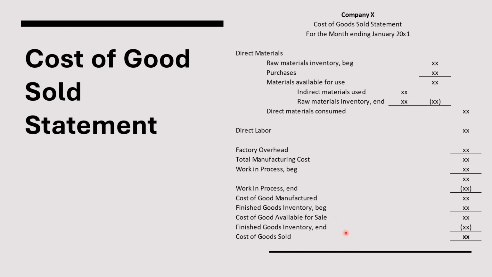You just deduct whatever is left of the finished goods inventory, and then you get your cost of goods sold. Okay, so again, please memorize this by heart and go over this so that you will be able to understand further cost accounting. You'll be able to understand more of cost accounting if you memorize this by heart, okay?